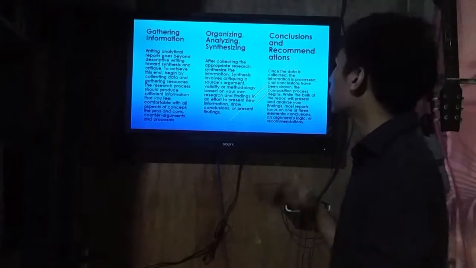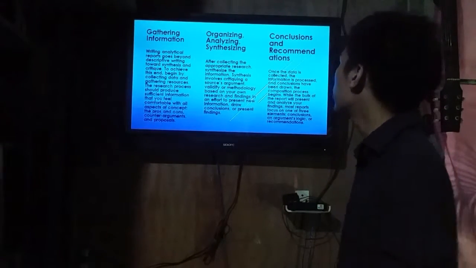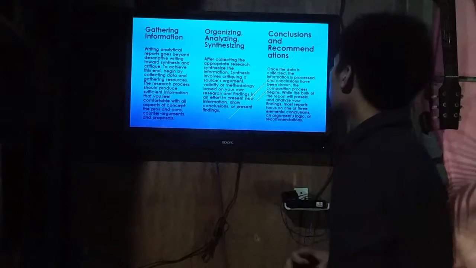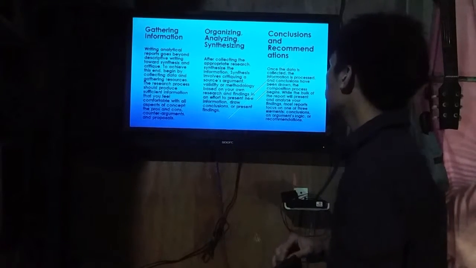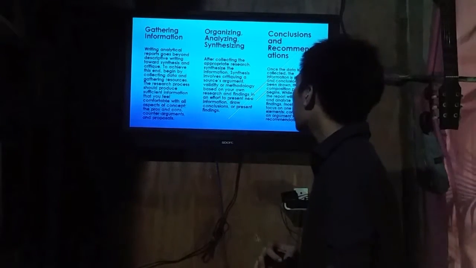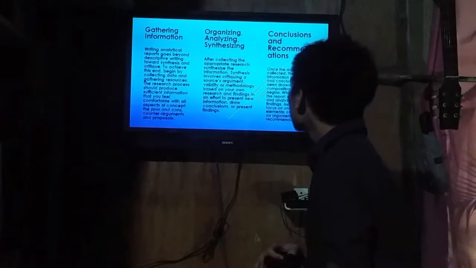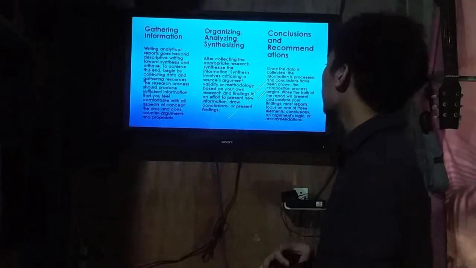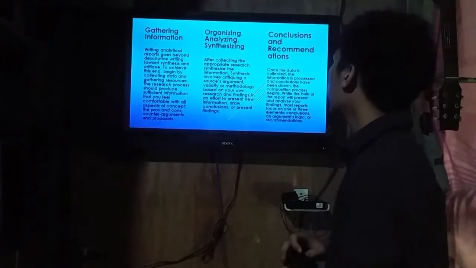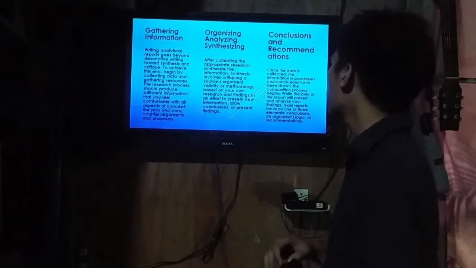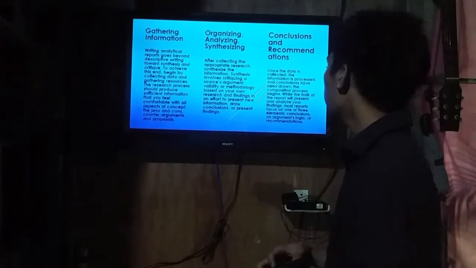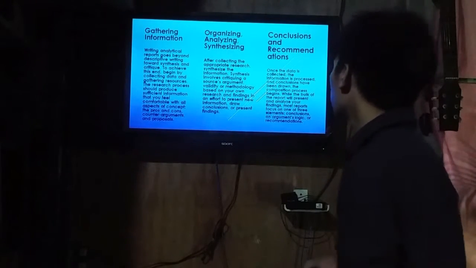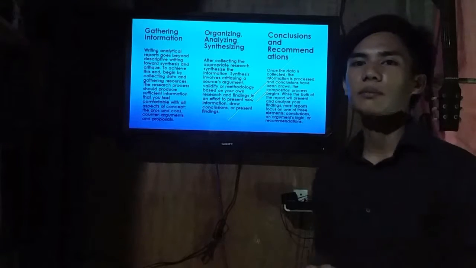Next is organizing, analyzing and synthesizing. After collecting the appropriate research, synthesize the information. Synthesis involves critiquing a resource's argument, validity or methodology based on your own research and findings in an effort to present new information, draw conclusions or present findings.